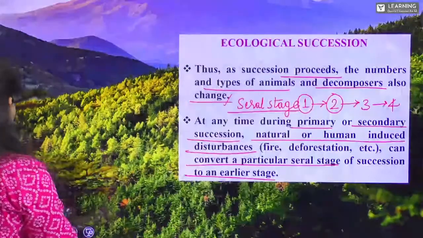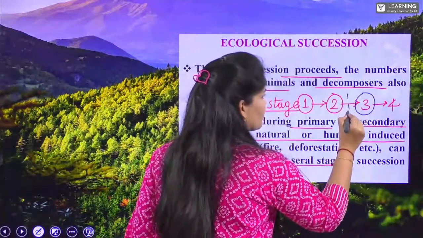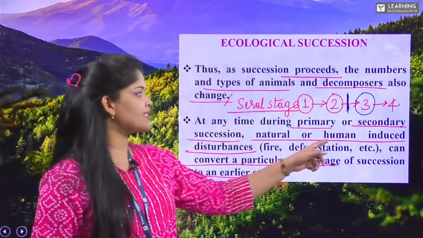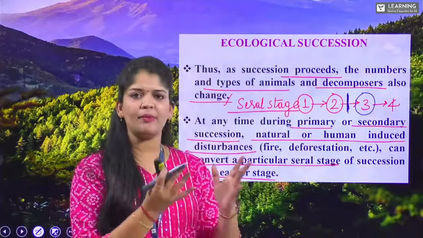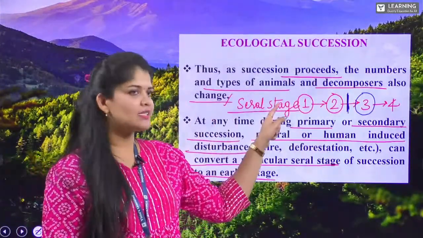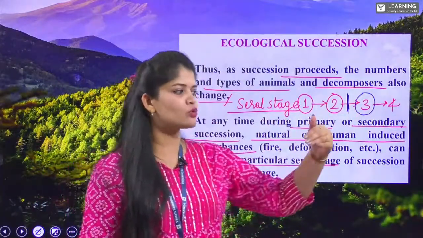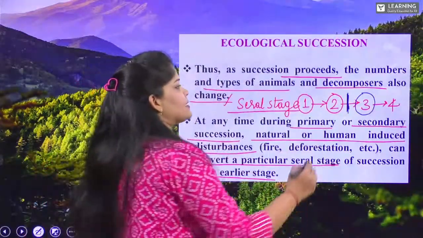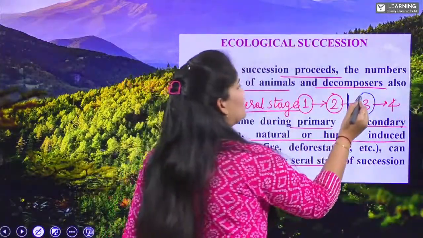And now it is going to reach stage 3. But at this particular point, some human-induced disturbance happens. It may be fire, it may be deforestation. While it is going to reach the third stage, some disturbance happens in between. So instead of going forward, it will revert back.